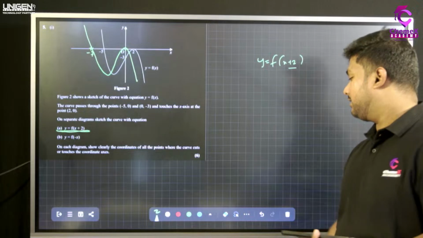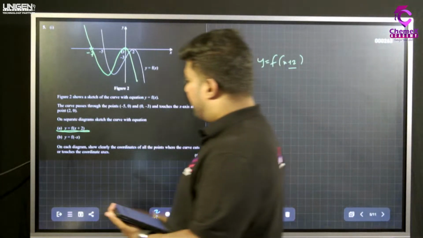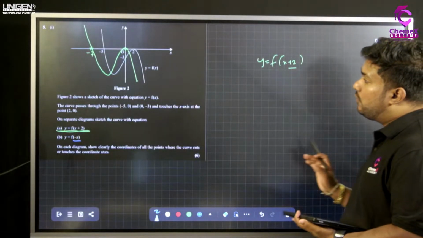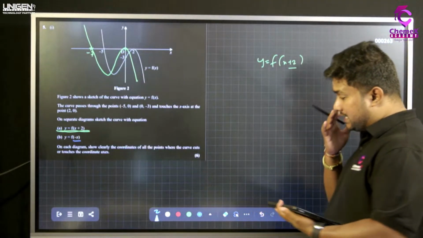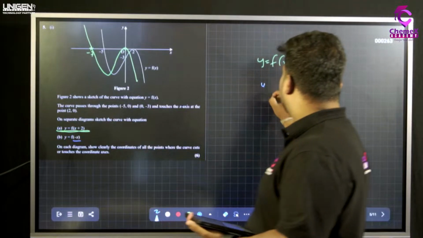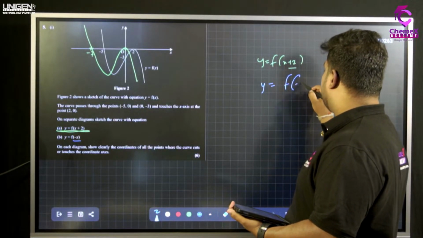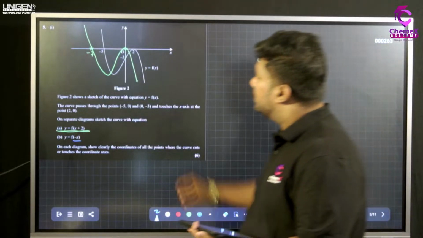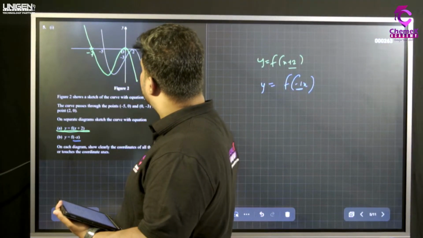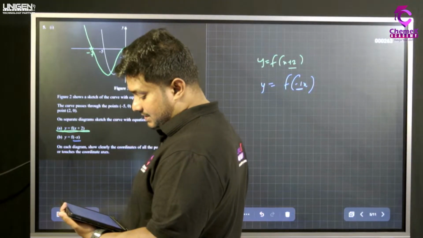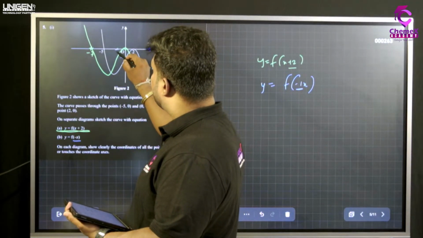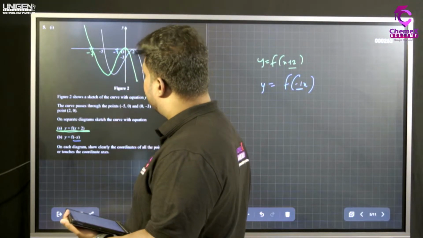Then next one, they are asking y equals f(minus x). If you have minus, what does that mean? You divide all the x values by minus 1. Since it's y equals f(minus 1 x), same thing as minus x. So you divide all x values by minus 1. So minus 5 divided by minus 1 is what? You get 5 somewhere here. Then 2 divided by minus 1 is minus 2 somewhere here.